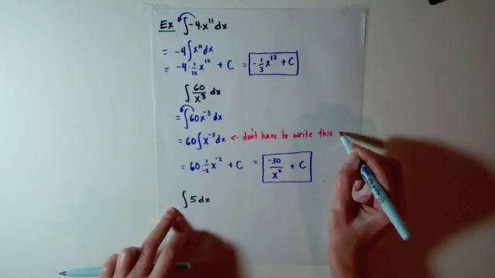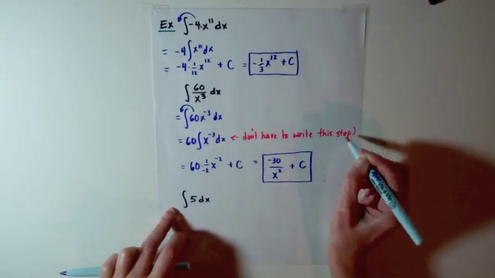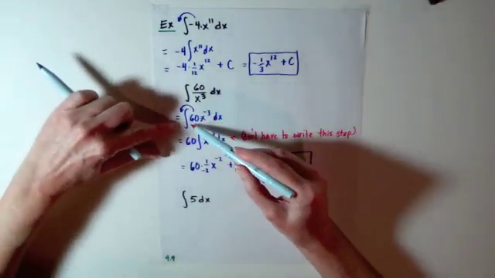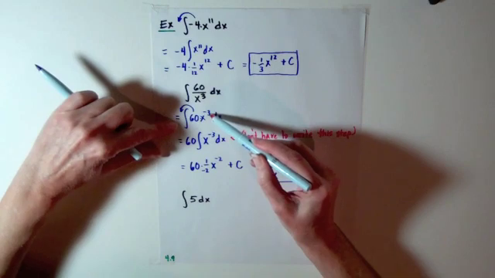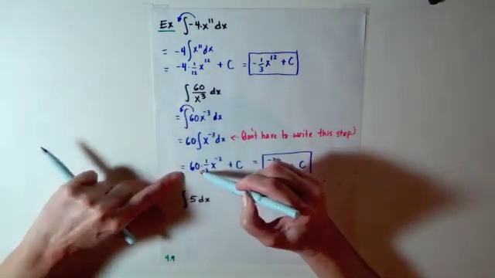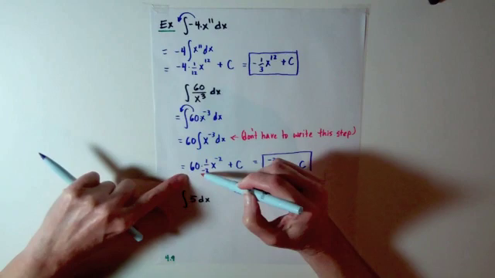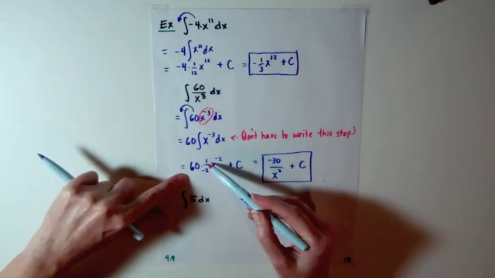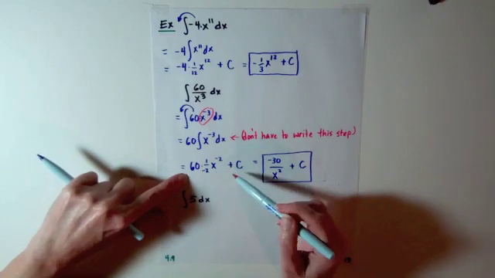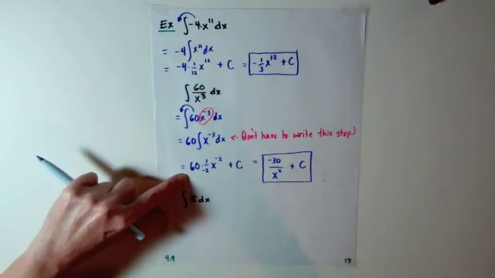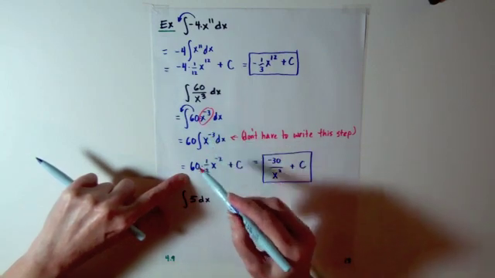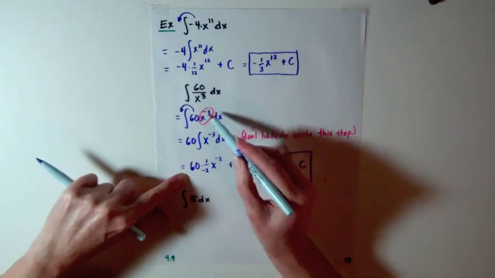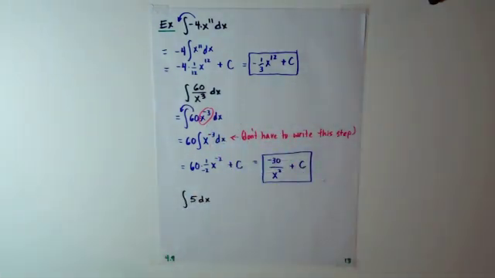So oftentimes we just think it in our heads and we go straight from here to here and we say, oh, if I want to integrate 60x to the negative 3, I can carry along the constant factor of 60 and I can just integrate x to the negative 3 and get negative 1/2 x to the negative 2 and then add on my plus c. So we often say the words, we carry along the constant multiple and then just multiply by whatever the integral of what comes next is.